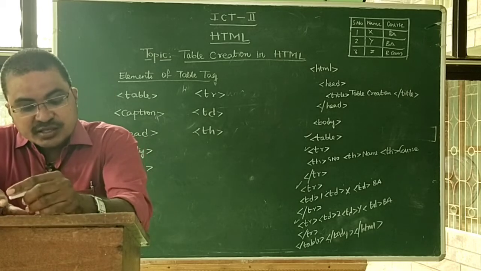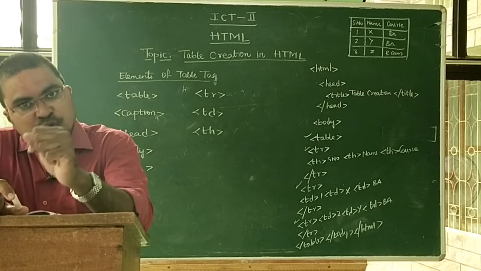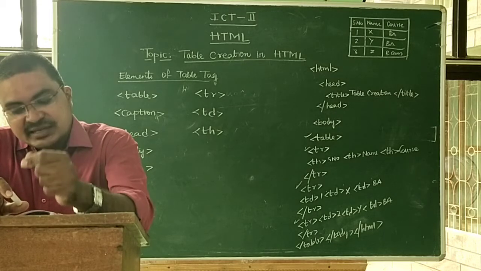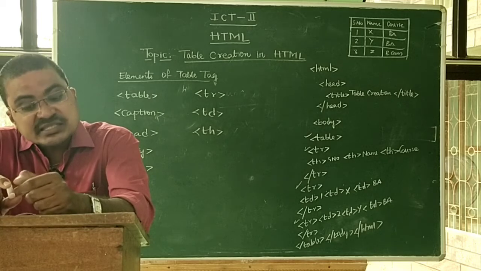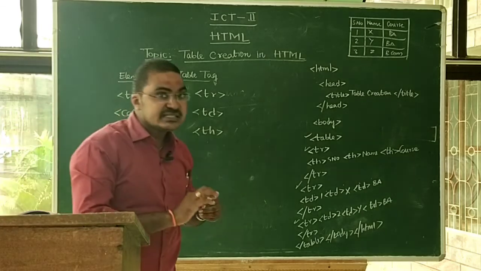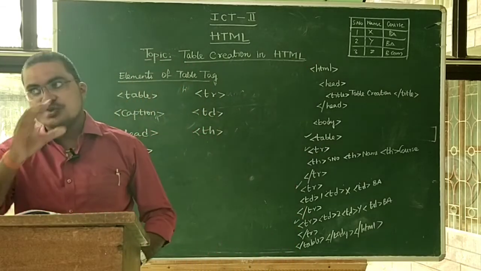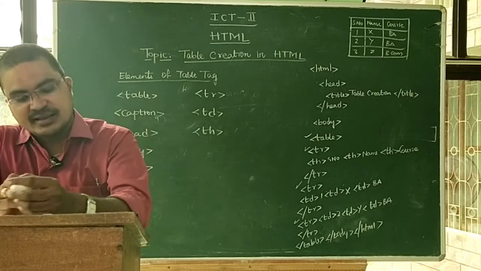The TR tag is used to create a table row, and the TD tag is used to insert a cell in the selected row. That's why TR and TD play the most important role in the table tag.